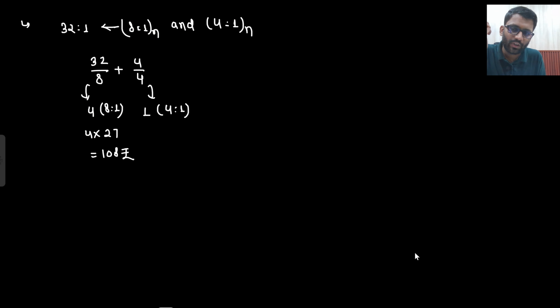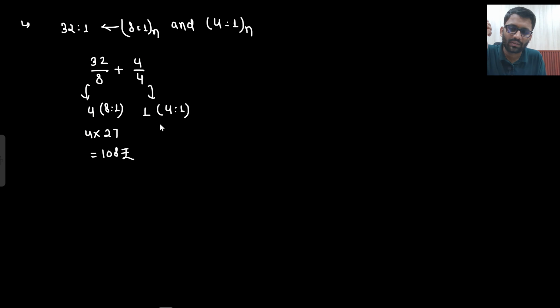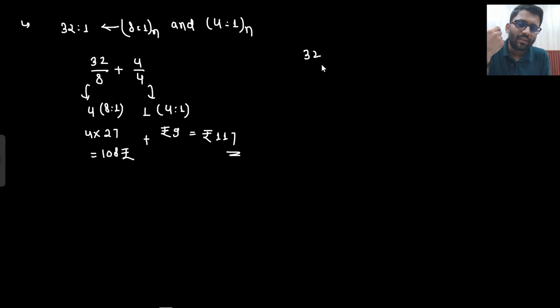This is costing you 108 rupees, and this will cost you 9 rupees, right? So 108 plus 9, total 117 rupees it will cost you. Doesn't seem like a good idea. If I go by, first I go by 4 and then by 8.